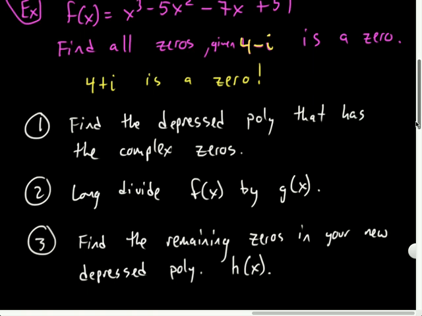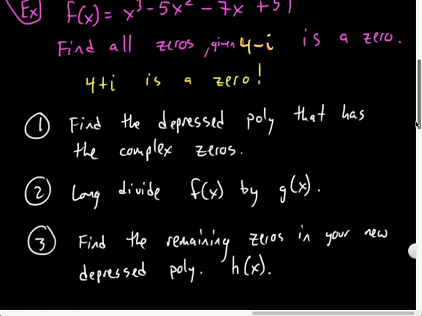If I told you that x plus 3 is a factor, what would you have told me its zero was? x equals negative 3 would be the zero. If I told you 5 is a zero, what could you tell me a factor was? x minus 5, right? Remember, it's always kind of the opposite.